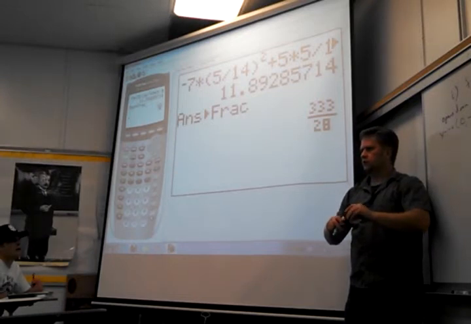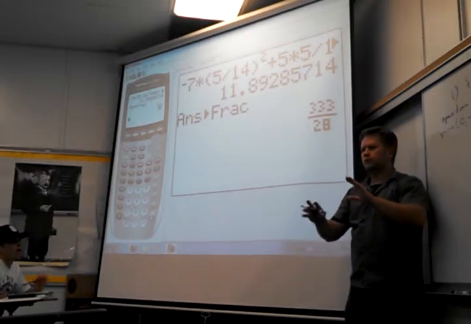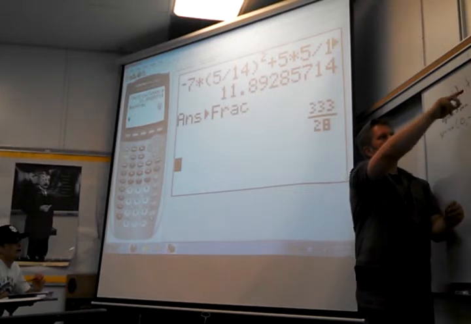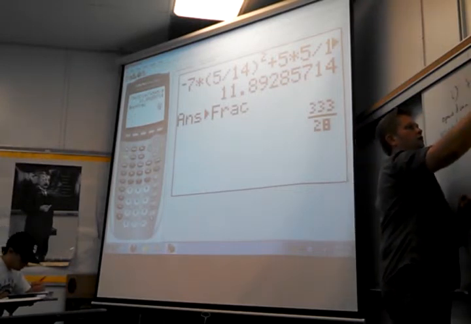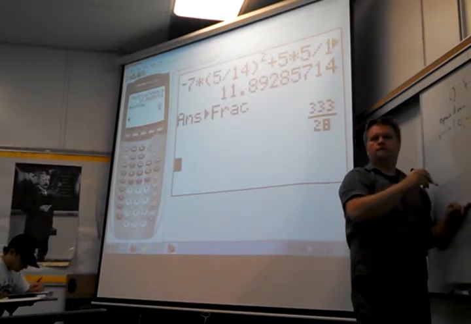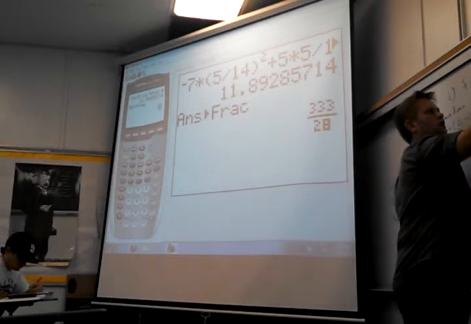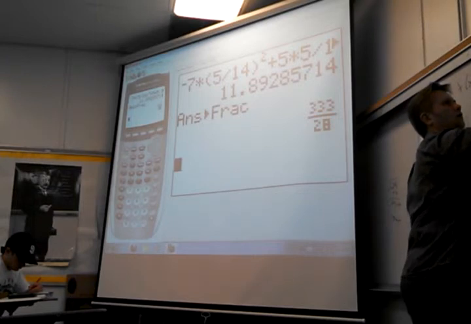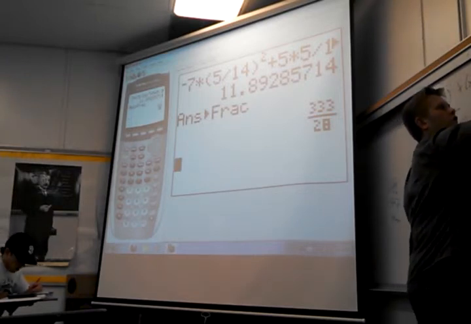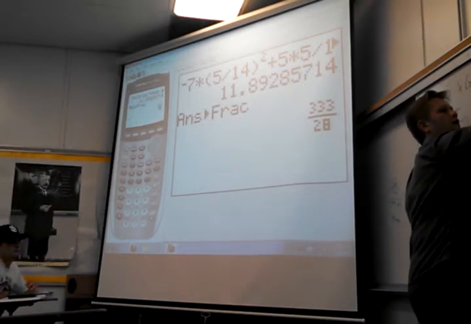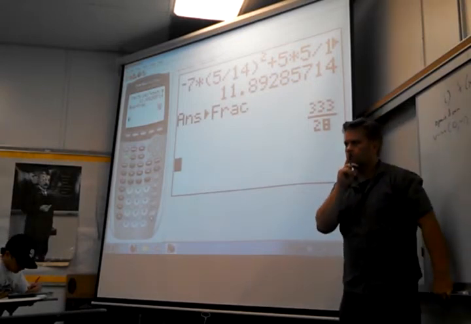Okay, how are we doing so far? Doing awesome. Okay. How do you find the vertex using the shortcut? Yeah, so x equals -b/2a, which is -24 over twice -6. I like it, right?